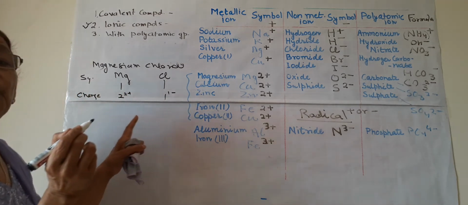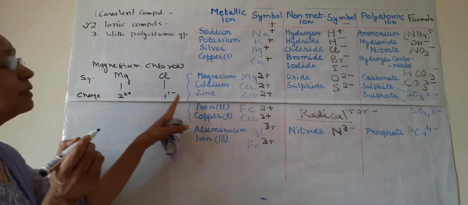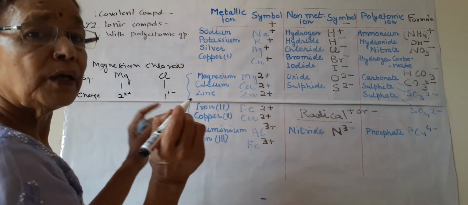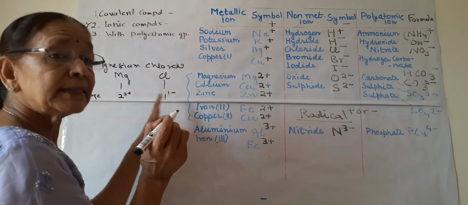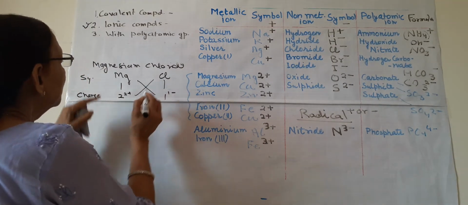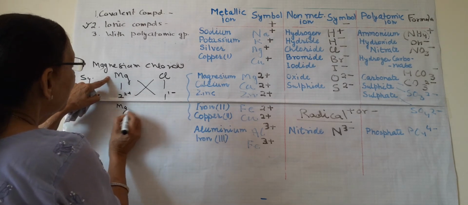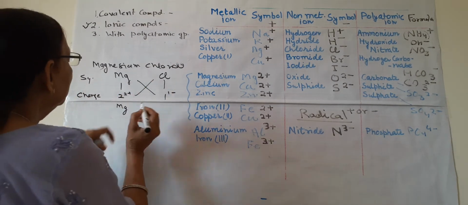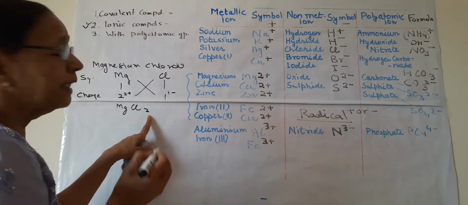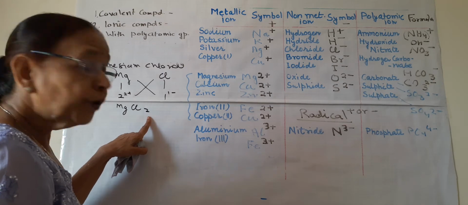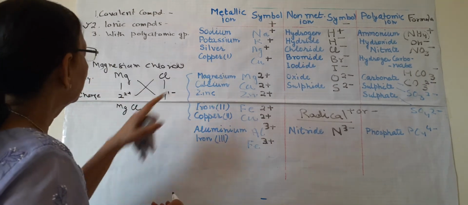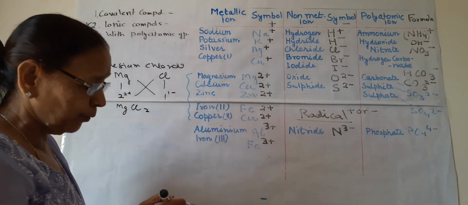When we write the formula, we don't put plus or minus in the formula of the compound, because the compound is neutral and these are ions, having plus or minus charge. So crisscross: with Mg we have 1, we are not writing 1. With Cl we have 2, so this 2 is written at the foot as a subscript. So the formula of magnesium chloride is MgCl2.